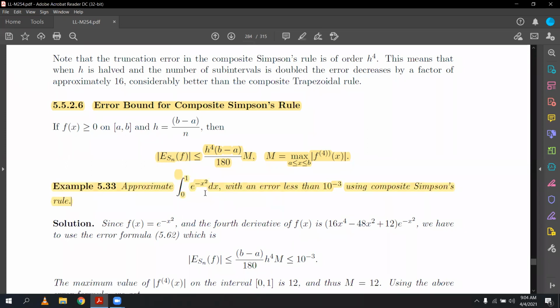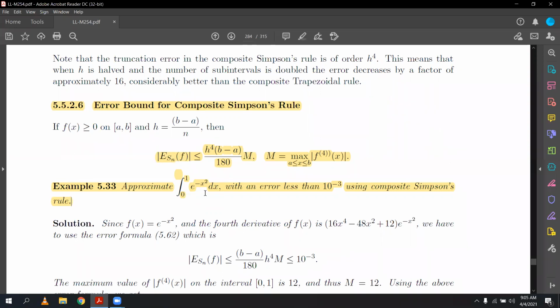We need at least one condition. Either the teacher gives you h, or n, or the number of points. But in this example, we don't have any of them. But he gives you the condition that the error is less than 10 to the power minus 3. So he gives you the accuracy. It means first you have to find h or n.